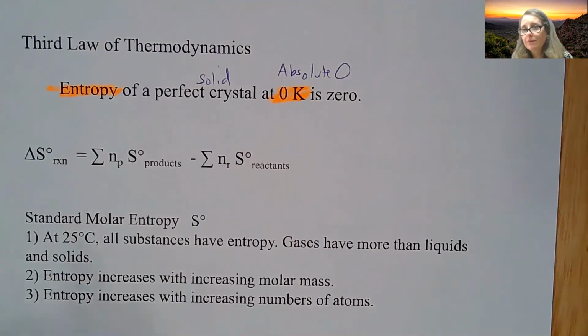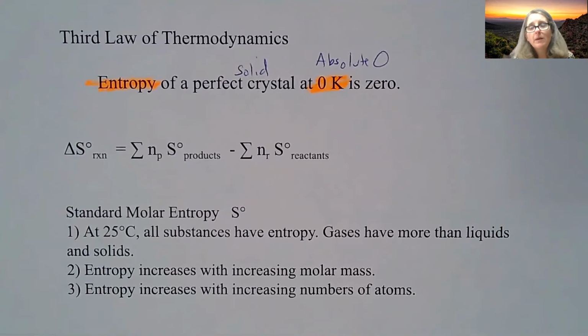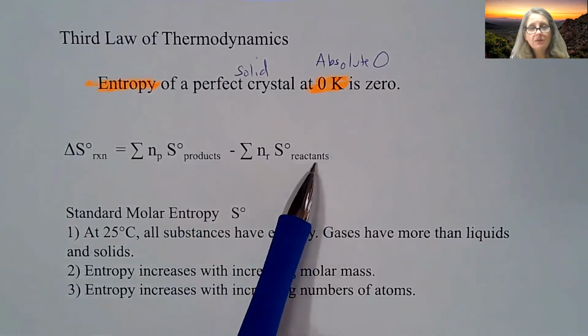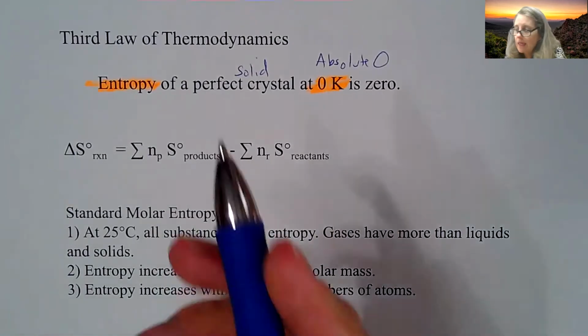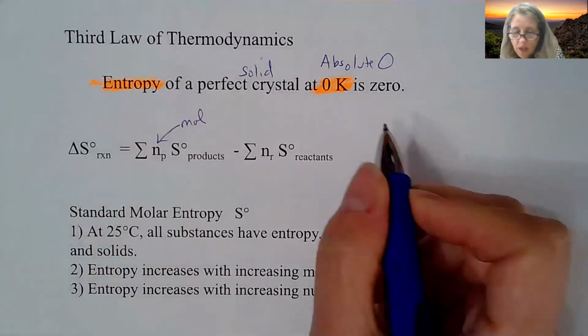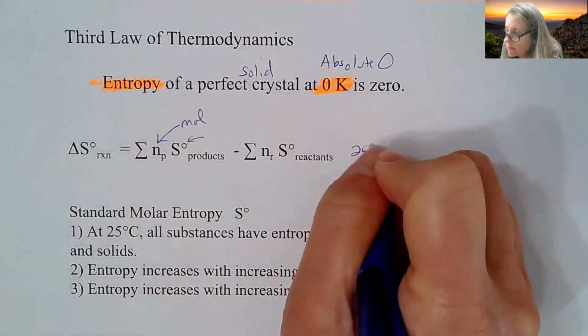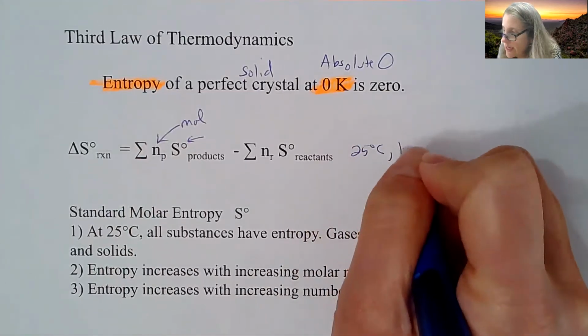So like before, when we're looking at a chemical reaction, if we have the same amount of moles on both sides, we have to do some math. The math is always going to be products minus reactants. So again, little n in this equation is number of moles. And the degree sign means at standard temperature, 25 degrees Celsius, 1 atmosphere.